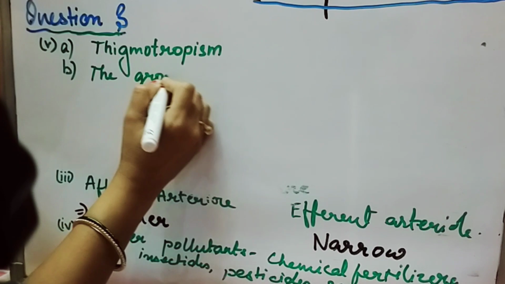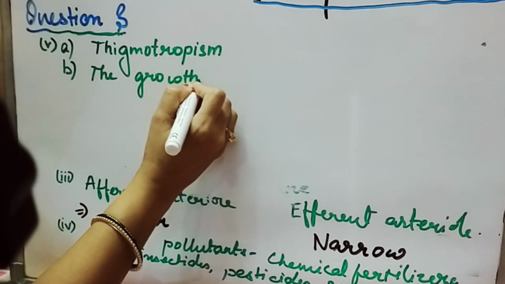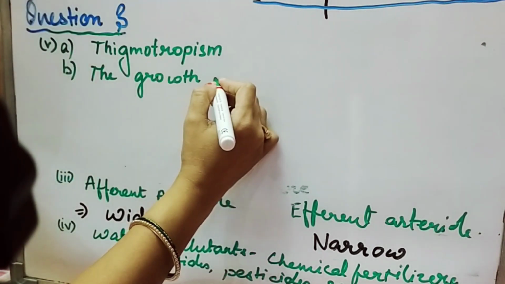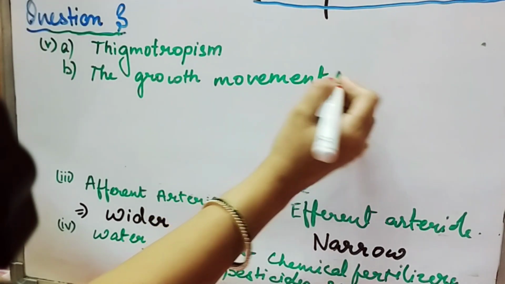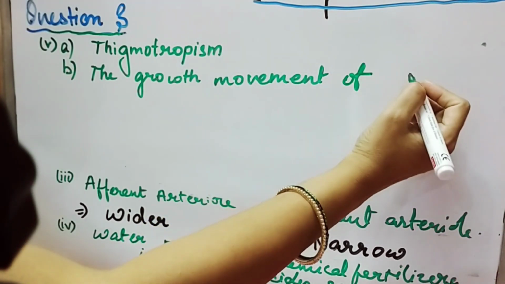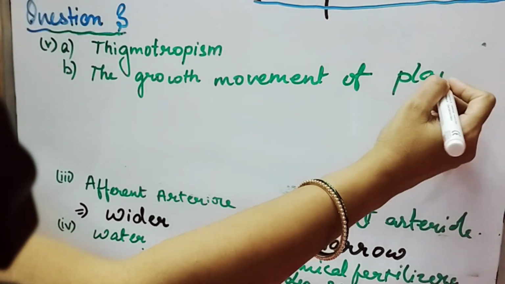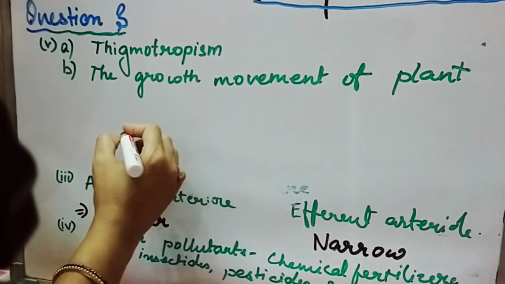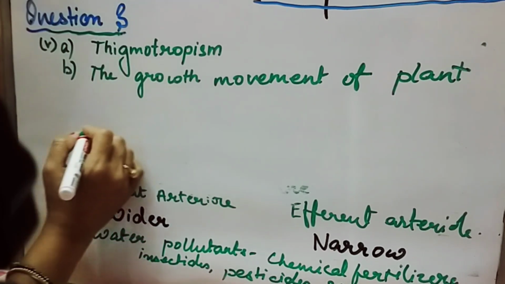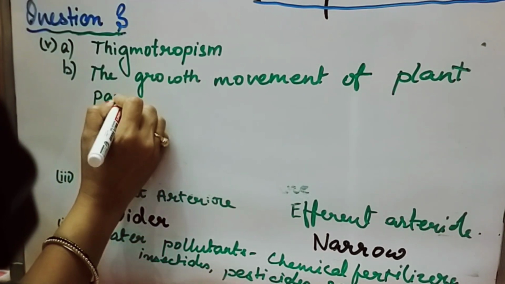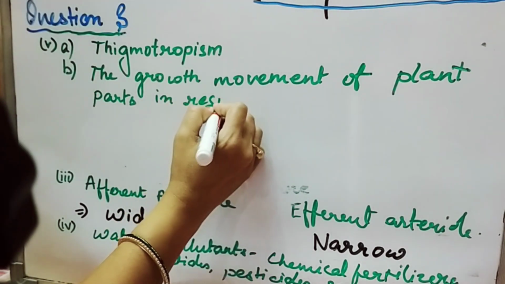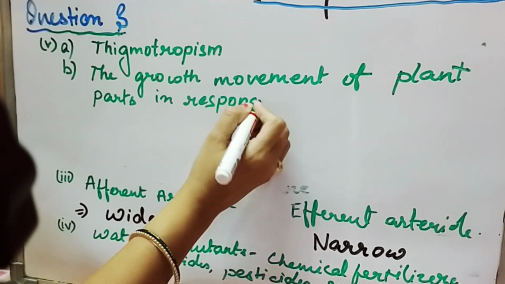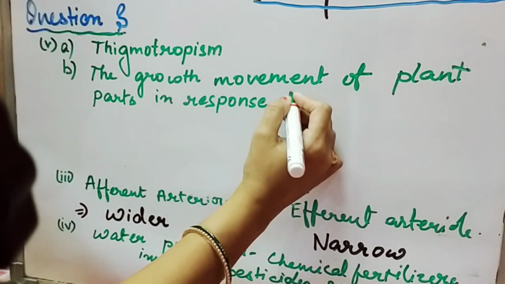Second, subpart B. Define the above phenomenon. Thigmotropism could be defined as the growth movement of plant parts in response to touch stimulus.